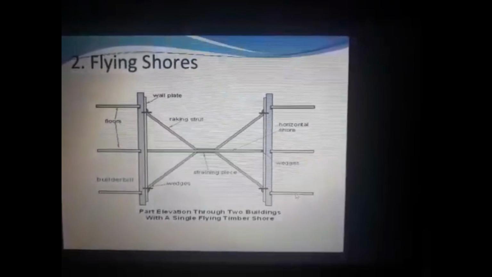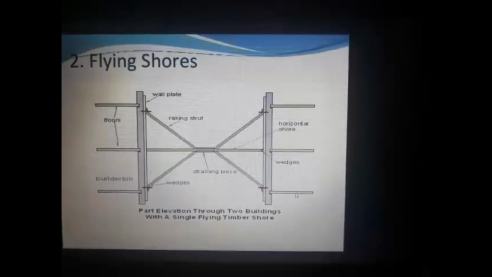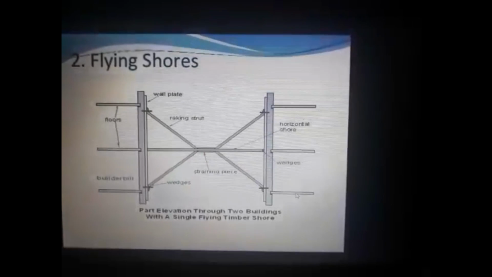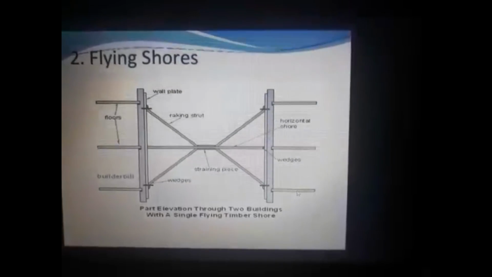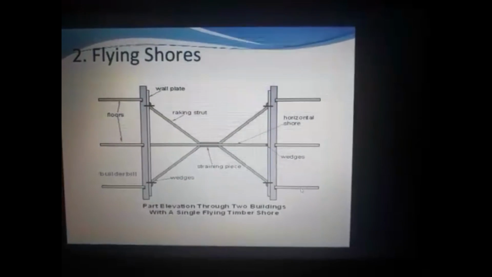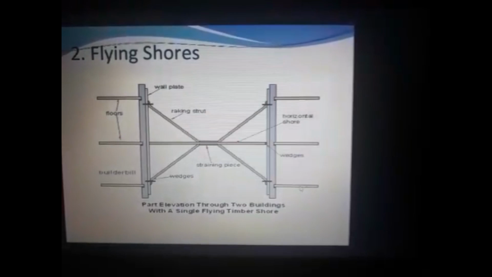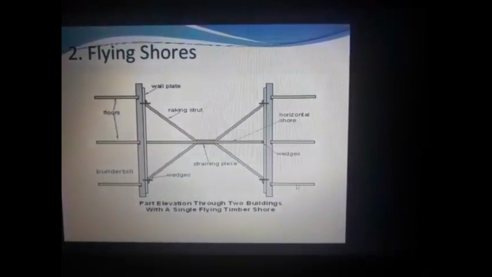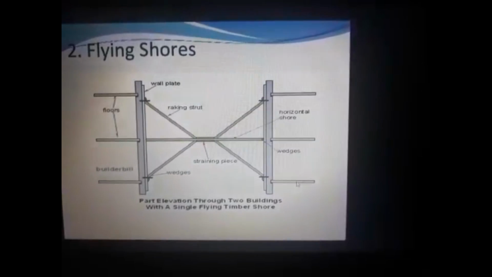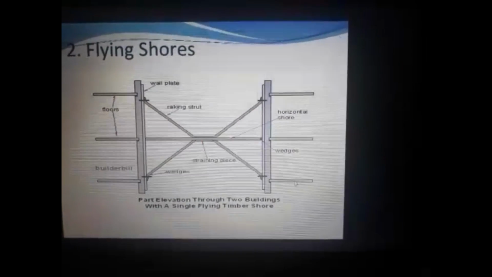Essentially, the scaffolding would be built through the middle and wedged between the adjacent buildings. If we want to rebuild or demolish the wall between 2 walls, we will use flying shores.